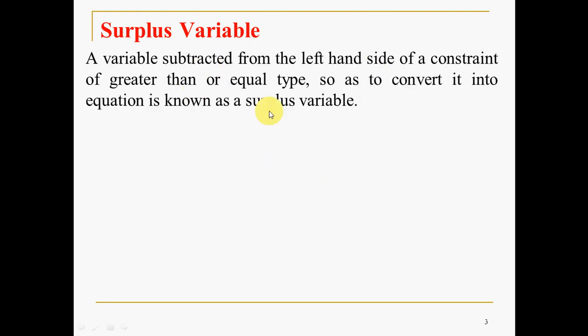Surplus variable. A variable subtracted from the left hand side, that is LHS, of a constraint of greater than or equal type, so as to convert it into an equation, is known as a surplus variable.